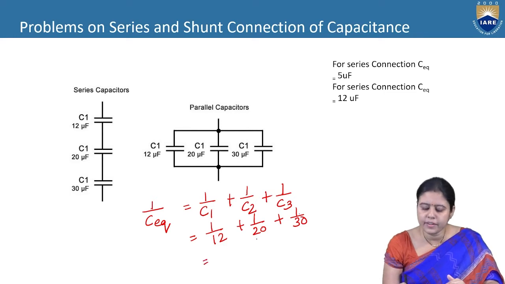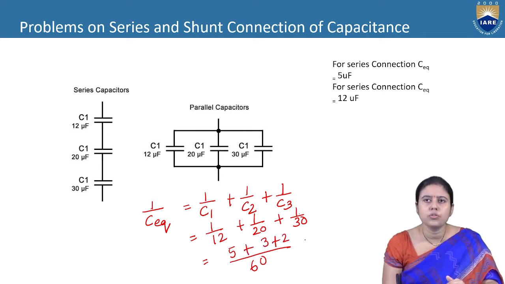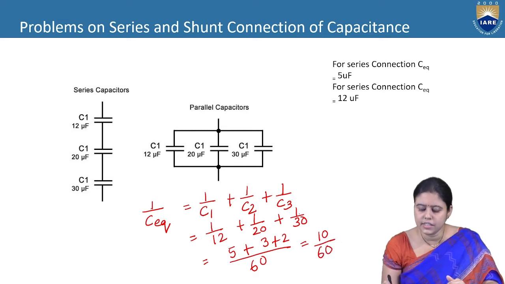And it is coming 5 plus 3 plus 2. So it is 10 by 60.